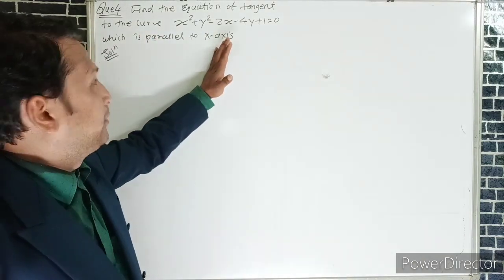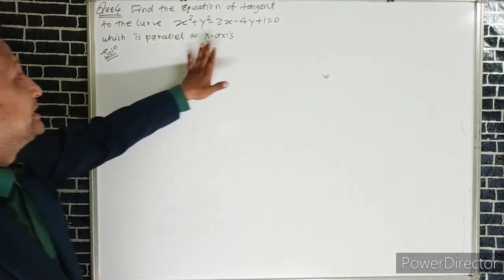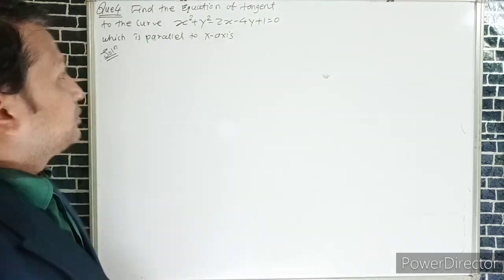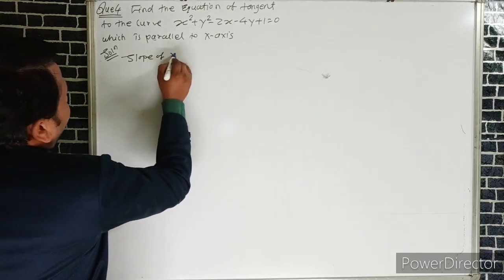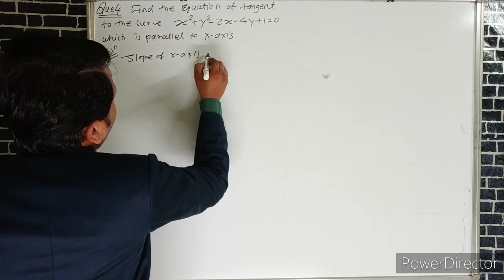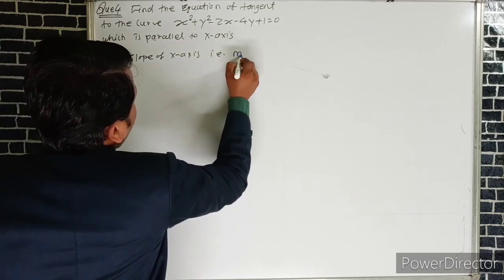The equation of the x-axis is y is equal to 0. Hence the slope of the x-axis is 0. We can write here the slope of the x-axis, that is m is equal to 0.